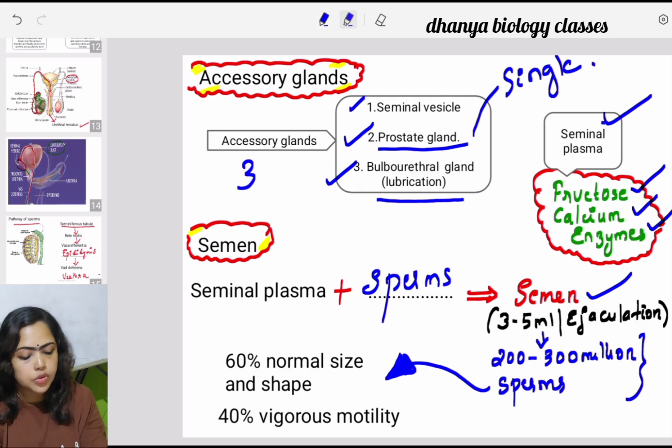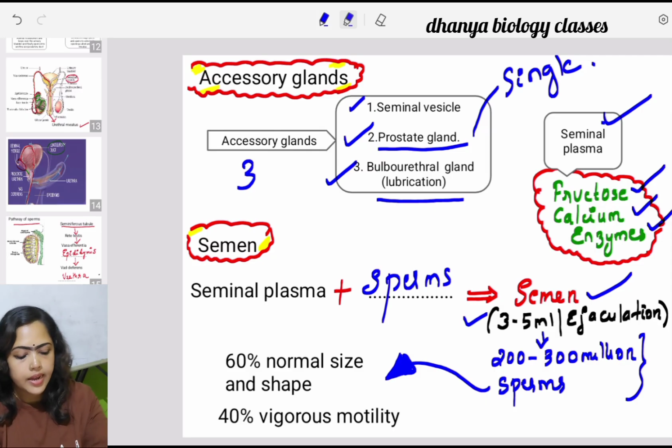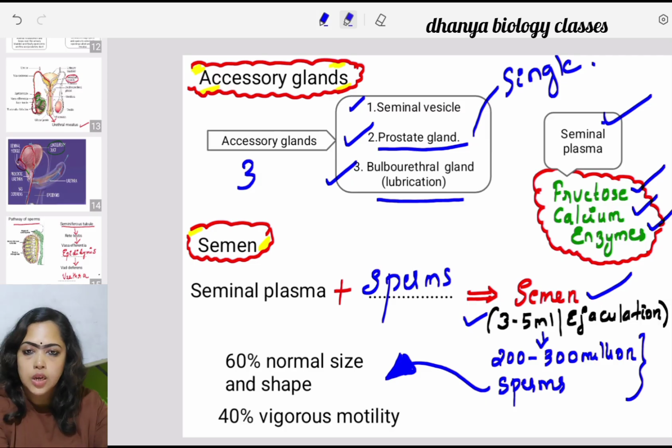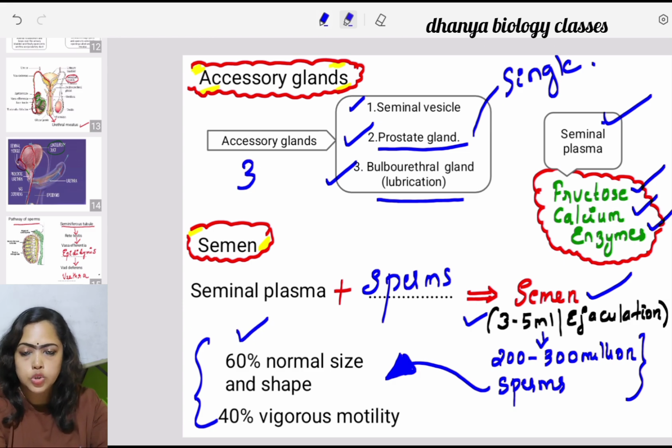The amount is 3 to 5 ml per ejaculation or single sexual contact, and these 3 to 5 ml carry 200 to 300 million sperms. And this is also important: for normal fertility, 60% of sperms should be normal in size and shape, and 40% should have vigorous motility. So this is about the semen.